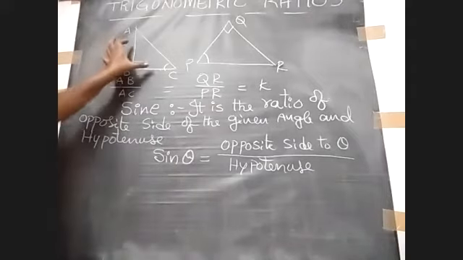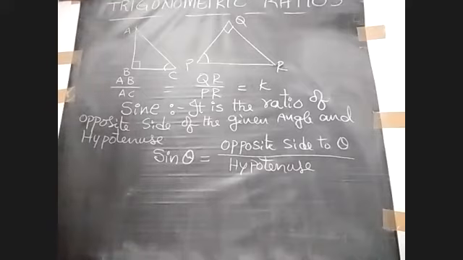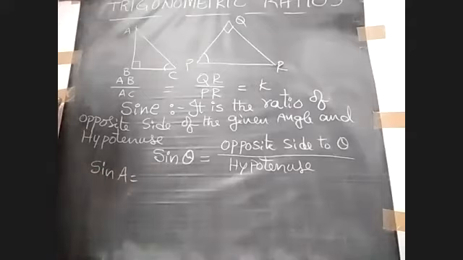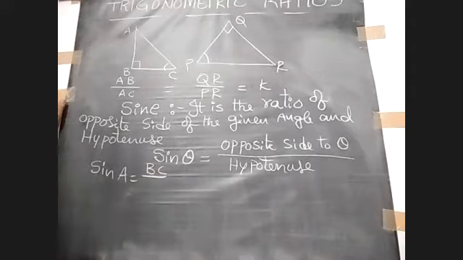So in this triangle, in the first triangle, tell me, any one of you unmute yourself and tell me sine A. Can anyone? Ma'am, sin A is equal to BC by AC.